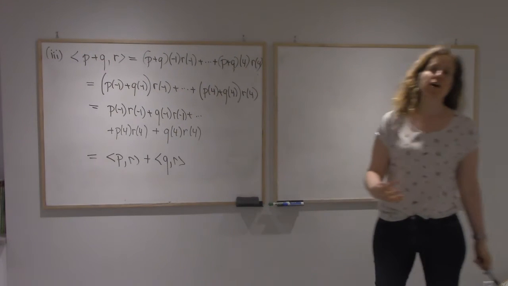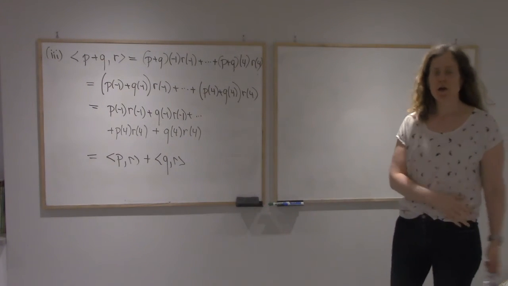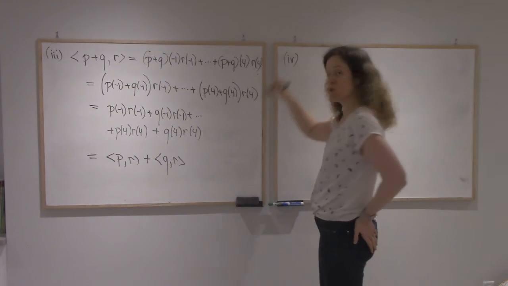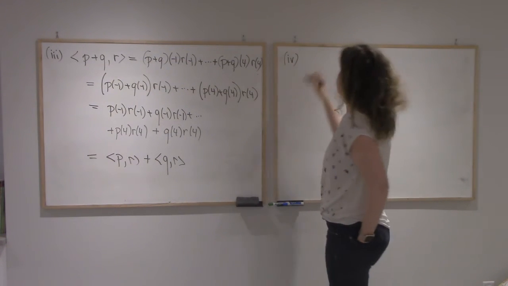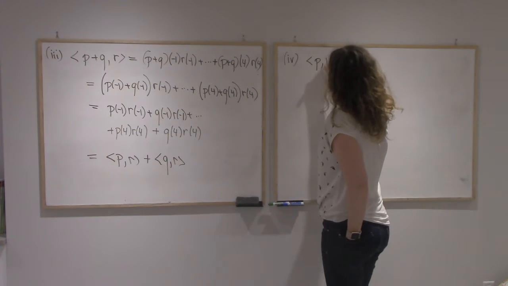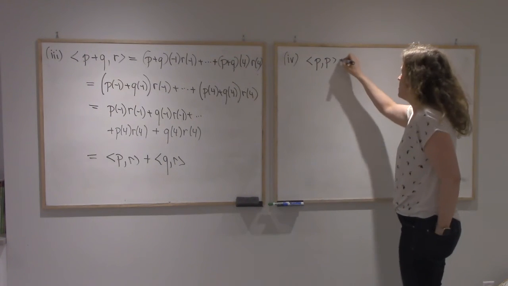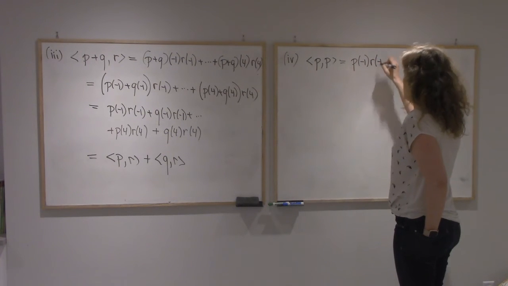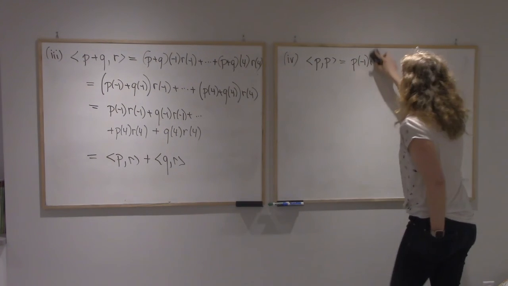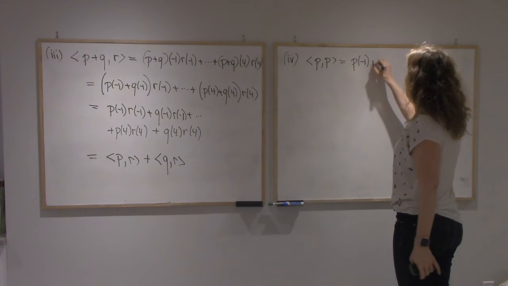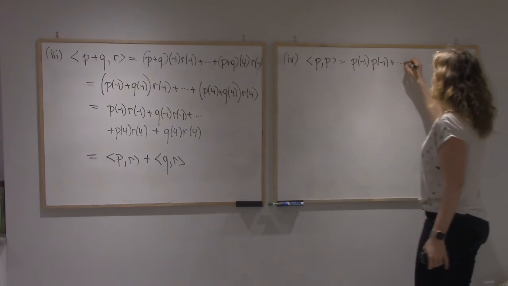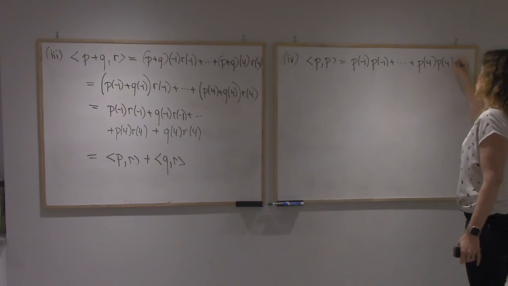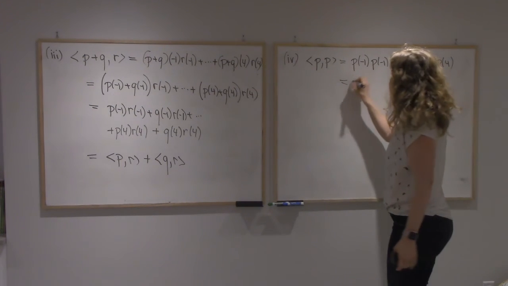Alright, the fourth and final property is about the sign of the products when I apply it to the same element twice. So if I look at what P with P gives me, I'm going to get P of minus 1 times P of minus 1, and I'm going to get P of 4 times P of 4, and so I get the squares of all of these elements.